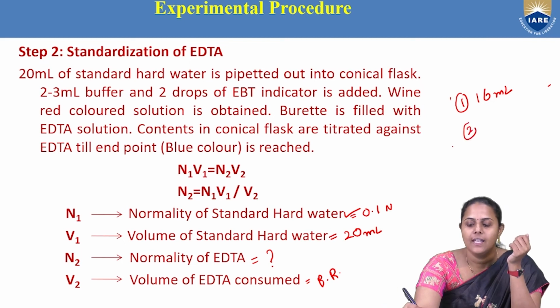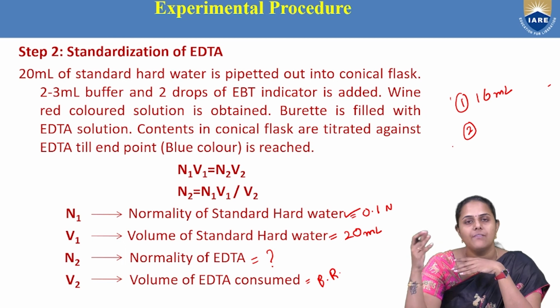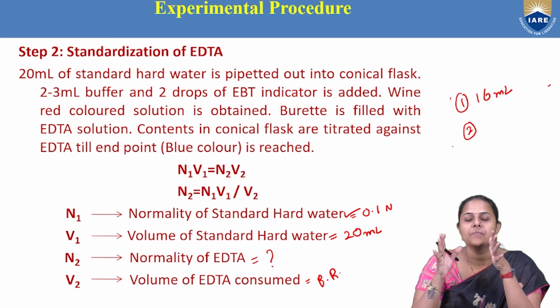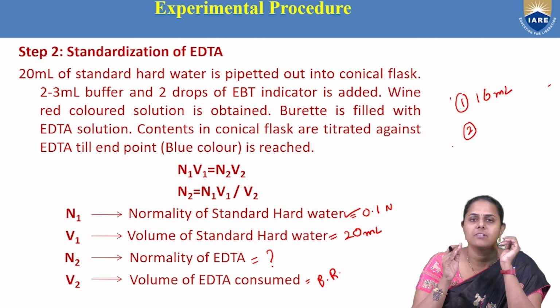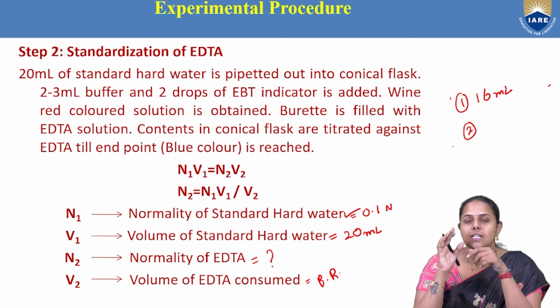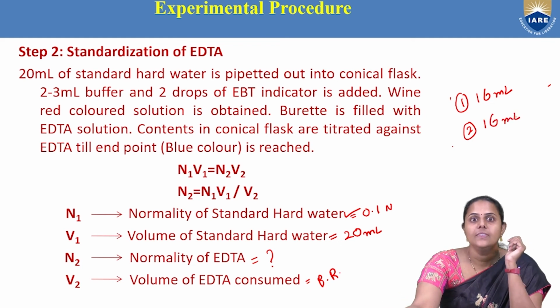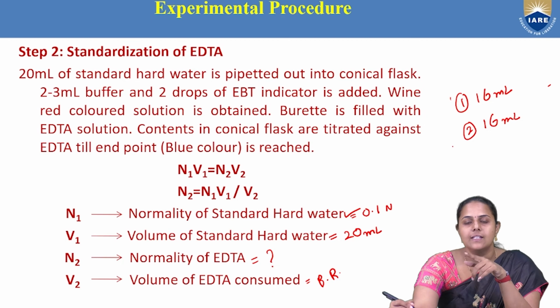Now again I will pour away the solution in the conical flask. I will take a fresh conical flask and add 20 ml water, indicator and buffer. And now I will again start titrating with the EDTA. The second time also it will consume some amount of EDTA to reach the end point. If I get 16, then I can take it as 16.